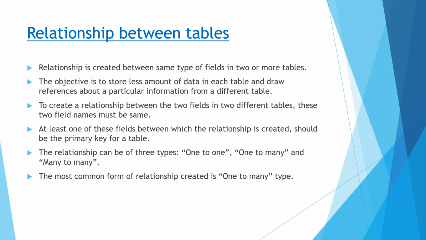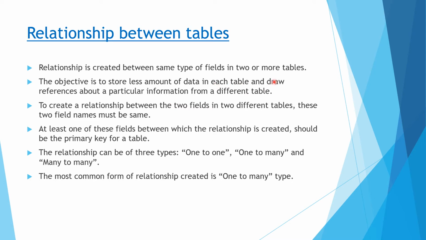Now how to create a relationship will be taken care of later on, but before that we also need to know what are the things that are to be shown in a relationship. What exactly is a relationship, what does this word mean? Relationship is created between the same type of fields in two or more tables.